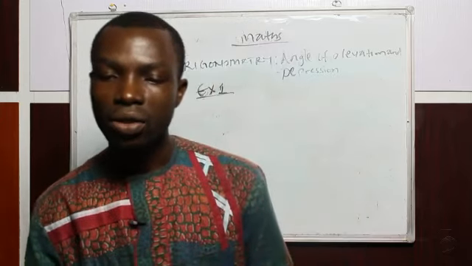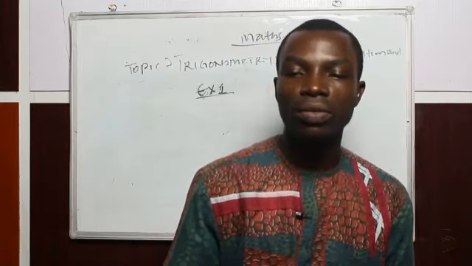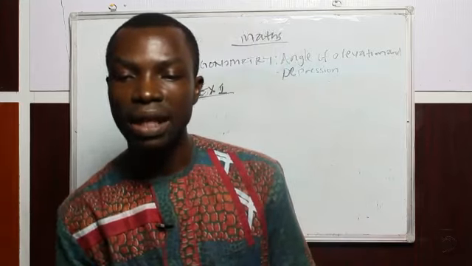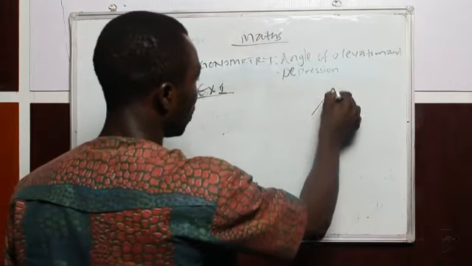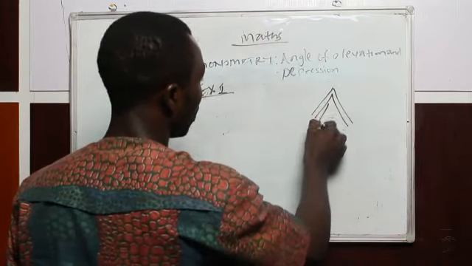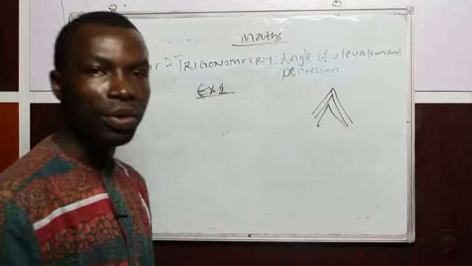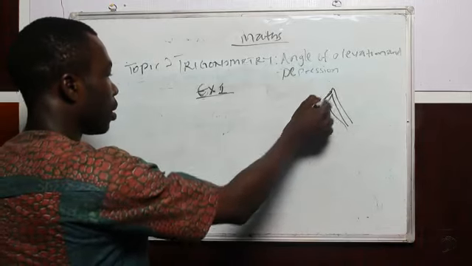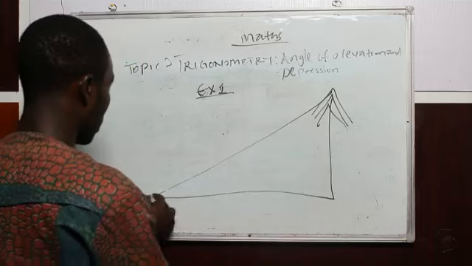Now, let's assume this is the top of the building. The angle of depression from the top of the building is this. So this is the angle of depression.